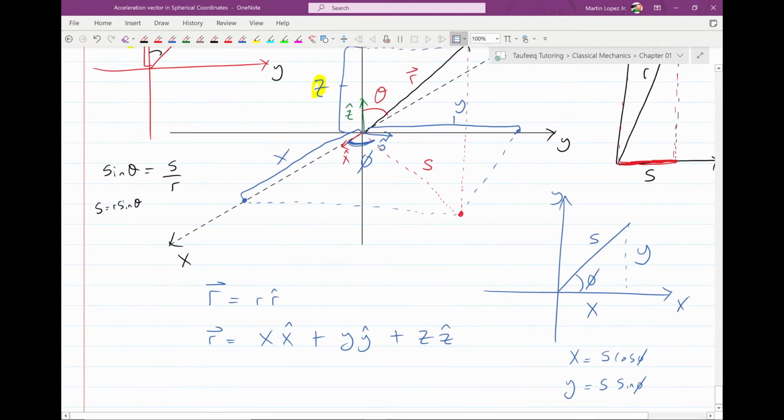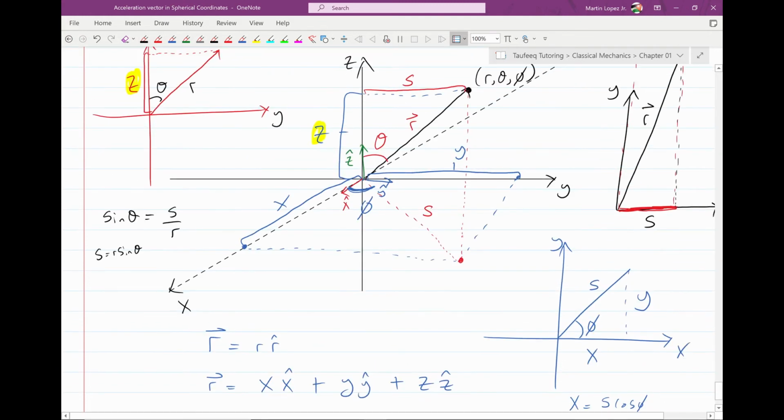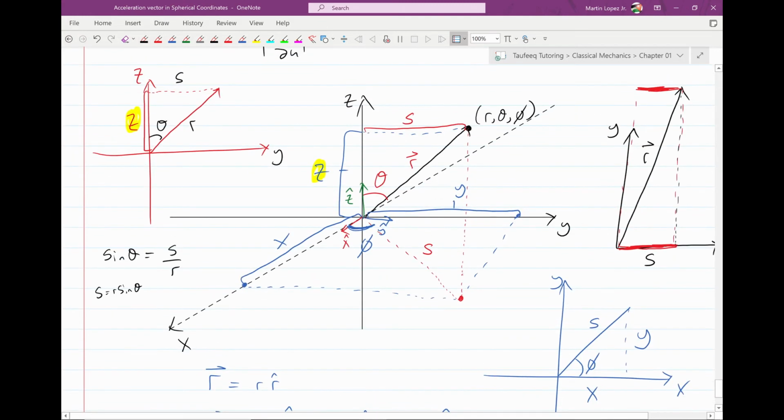That's all I wanted. Now I have s as a function of r and theta, not just some other entity that we need to worry about. So if we translate that to here, we'll get that x is equal to r sine theta cosine phi, and y is equal to r sine theta sine phi. Great. So now we have x as a function of r, theta, and phi, which is exactly what we wanted.